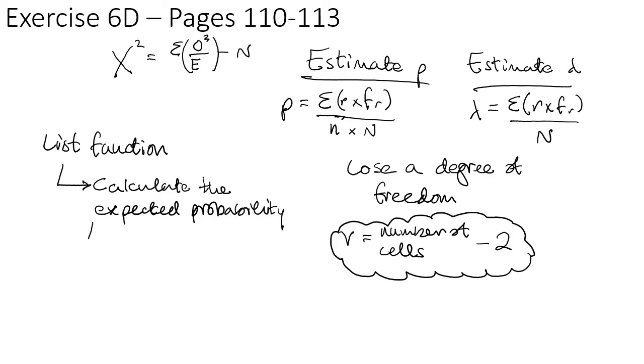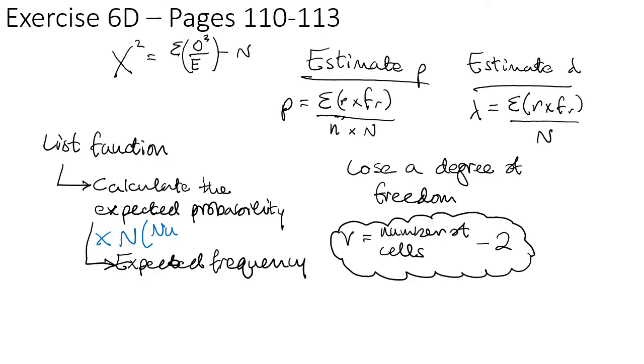And then once you've got the expected probability, you're going to use that to work out the expected frequency. And the way that you work out the expected frequency is you take the expected probability and you times it by n, the number of observations.